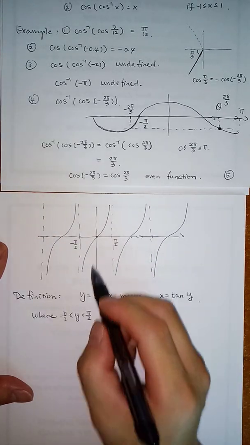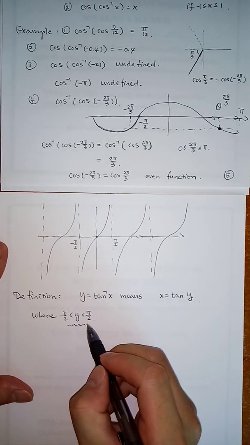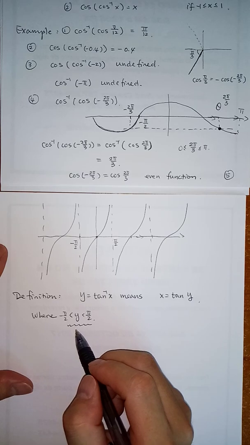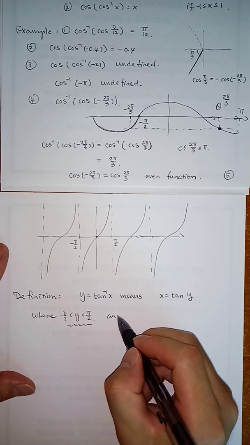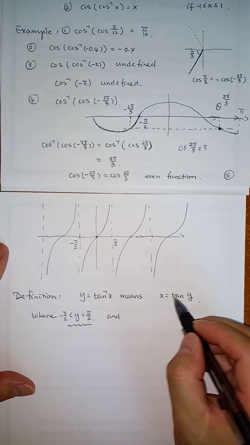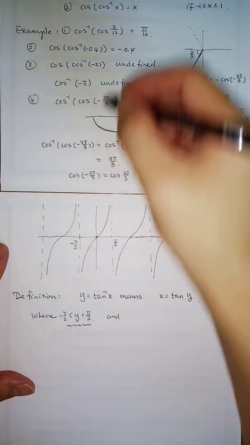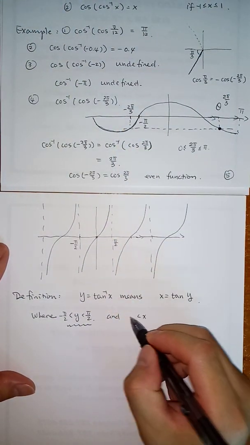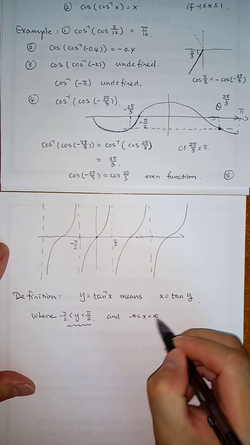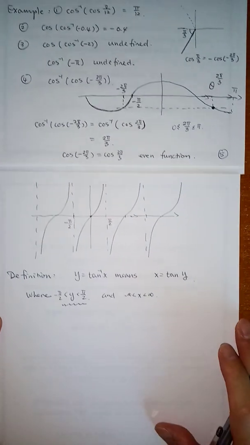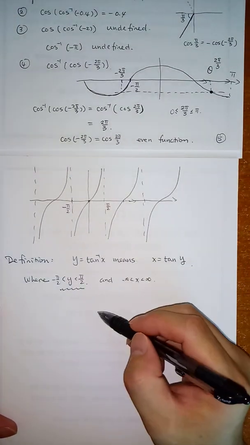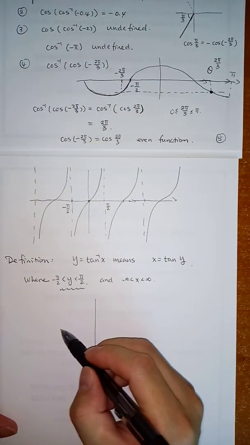Be careful, it's an open domain. It does not include negative pi/2 and positive pi/2. And x is in the range of negative infinity to positive infinity, which means x can be any value.